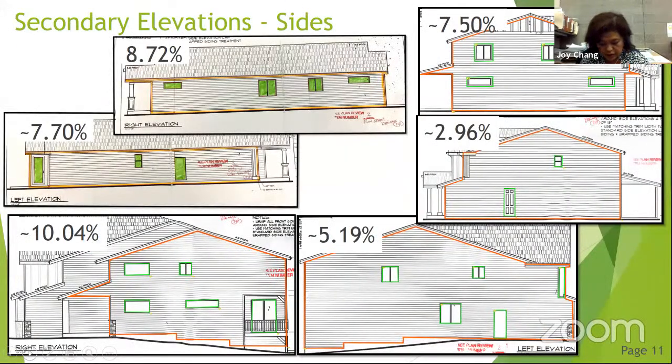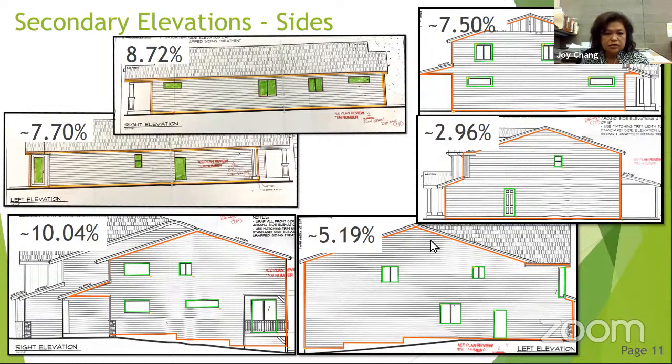The other item that the Planning Commission settled on is secondary elevations, because there was a conversation in regards to any elevation that can be seen from a public right-of-way should have some type of minimum standards. And the Planning Commission settled on requiring a 10% standard for window and door openings for secondary elevations.